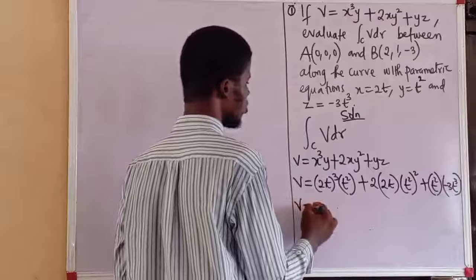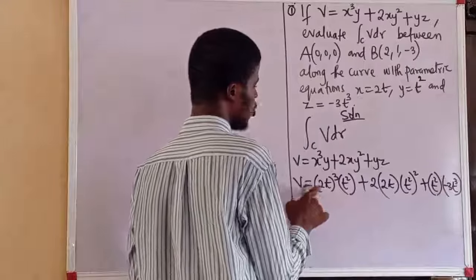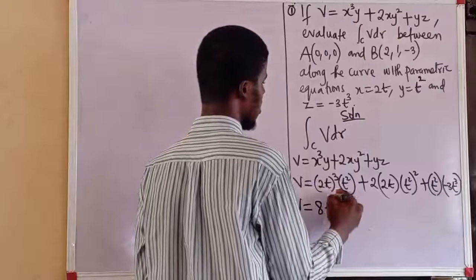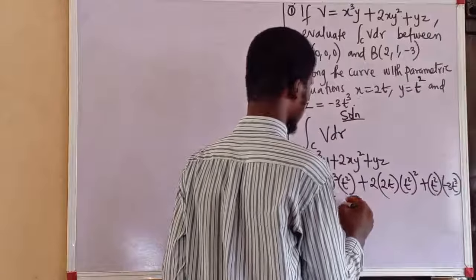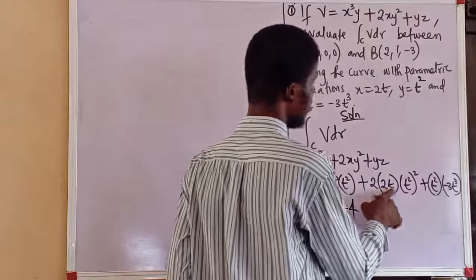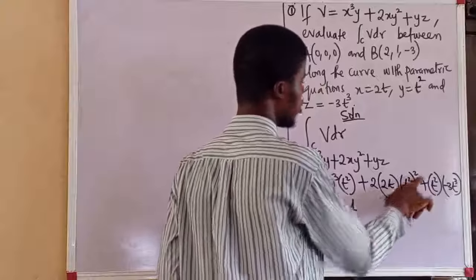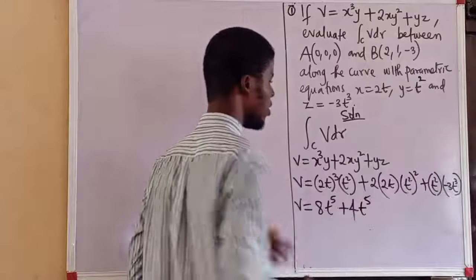So V is equal to, this is 8t cubed, alright? 2 to the power 3 is 8. t cubed times t squared is t to the power 5. 2 times 2 is 4. This is t times t to the power 4, because 2 times 2 is 4, and that will give us 4t to the power 5.